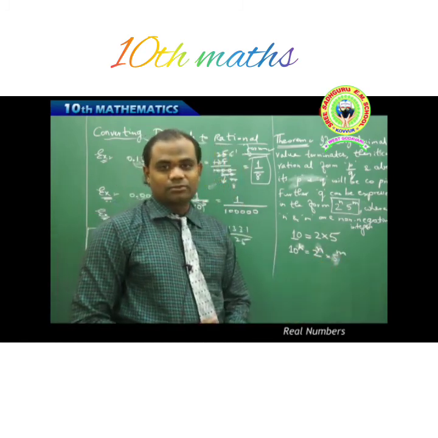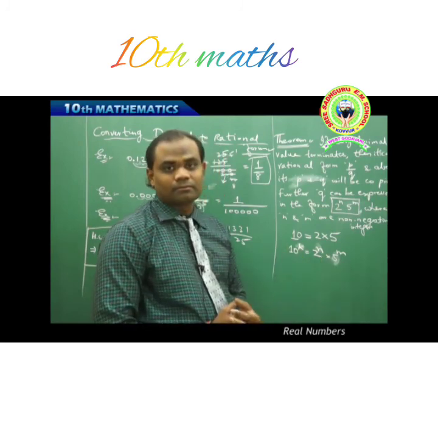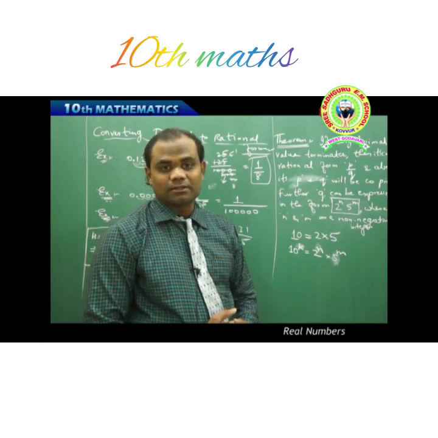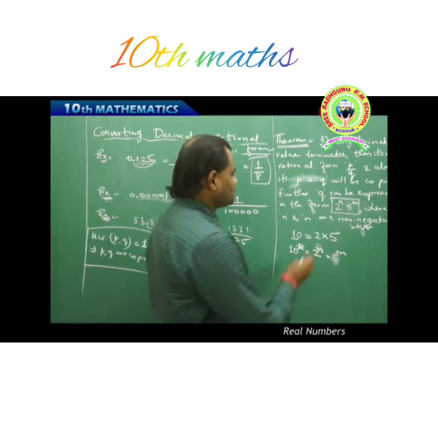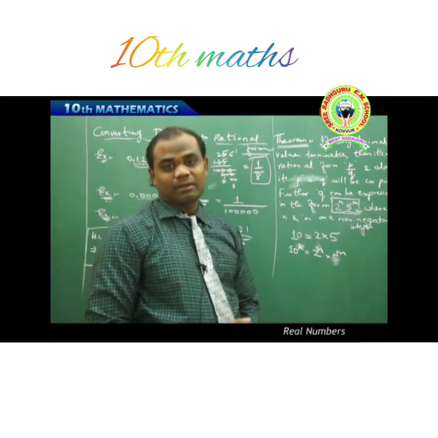So that's the reason Q is always in the form 2 power n and 5 power m, the product of factors.